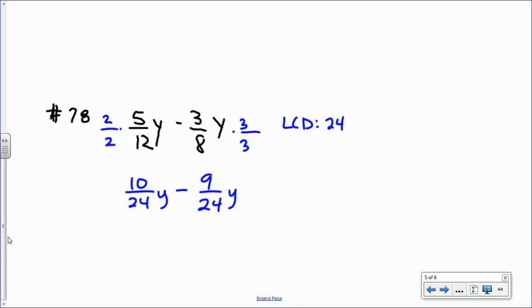Now we can subtract. When you subtract with the common denominator, subtract across the top. And your denominator stays the same. So 1 over 24 y. This also can be written as y over 24.